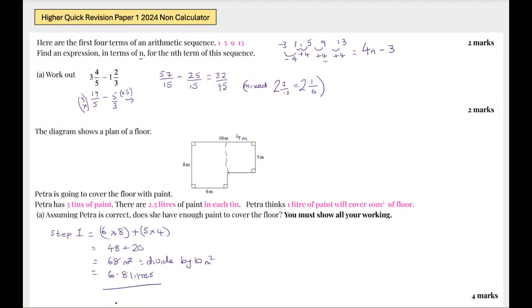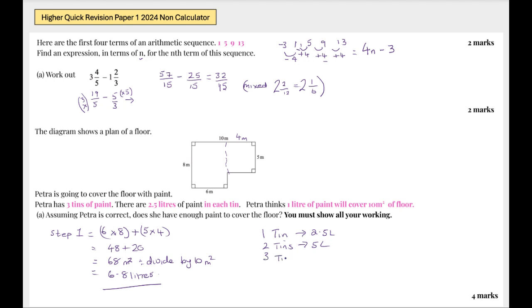Does she have enough paint? Well, let's just work this out then. So let's work out the tins of paint methodically. So we're going to do 1 tin. We have 2.5 litres. 2 tins, obviously going to double that, it's 5 litres.